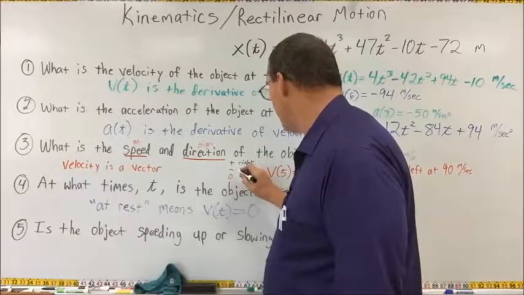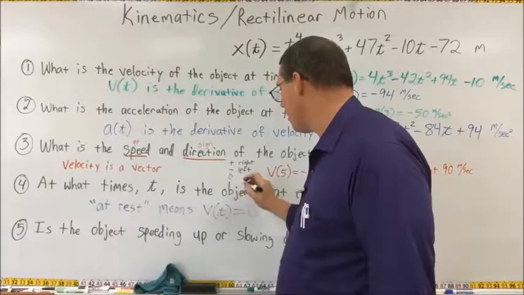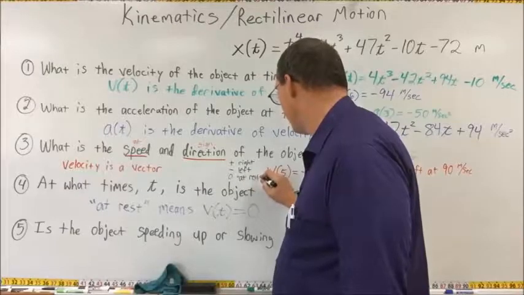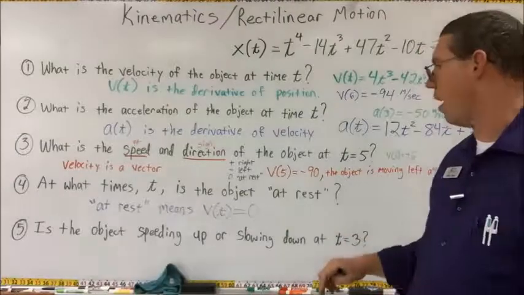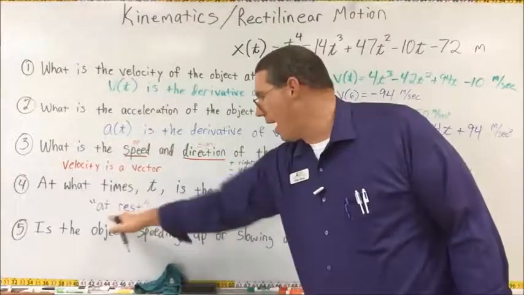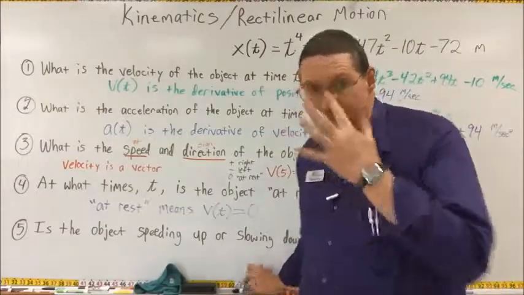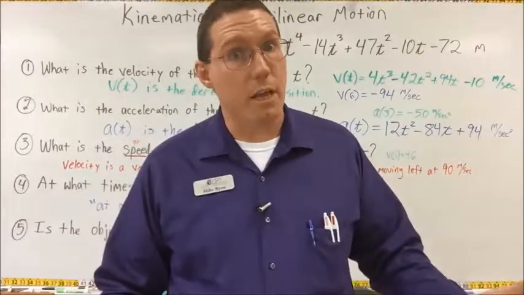When the velocity is negative, the object is moving to the left. But when the velocity is 0, the object is at rest. So when we ask, at what times is the object at rest, since at rest means that velocity is 0, we need to find the zeros or the roots of velocity.